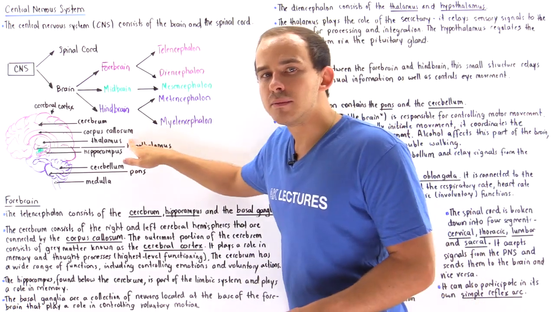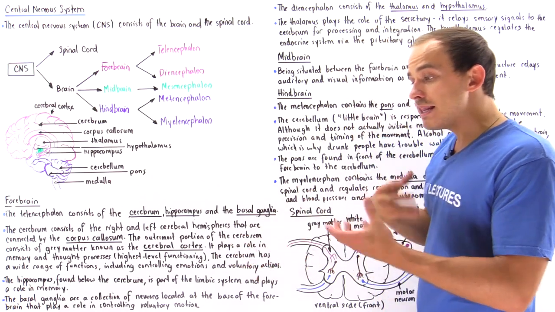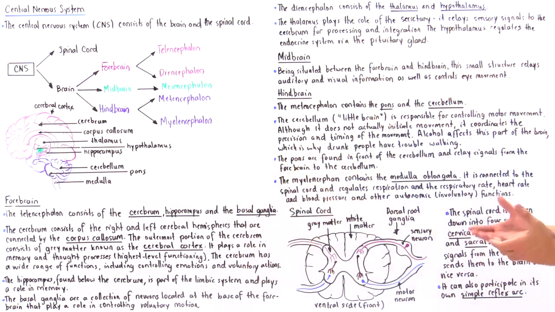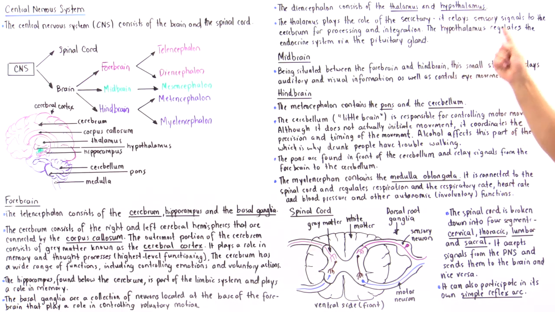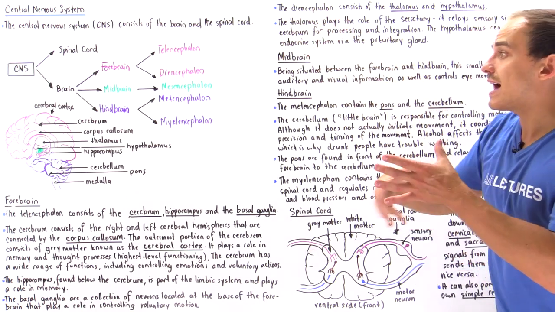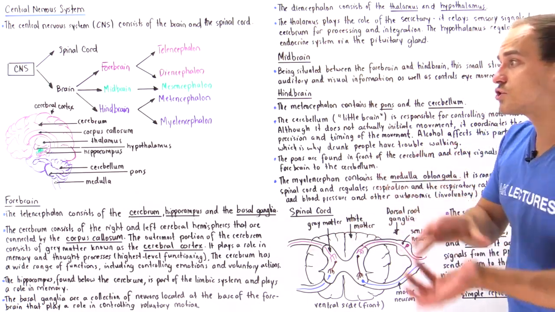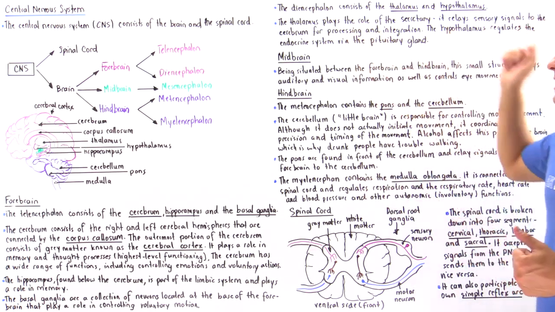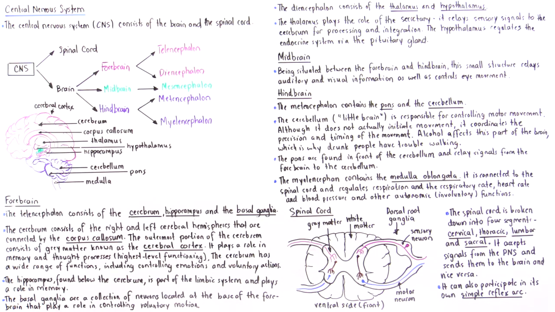What about the thalamus? Well, the thalamus in many different ways is like the secretary of our cerebrum. What that means is it relays sensory and motor signals to and from our cerebrum. And once those signals go inside our cerebrum, that's where we process and integrate that information.